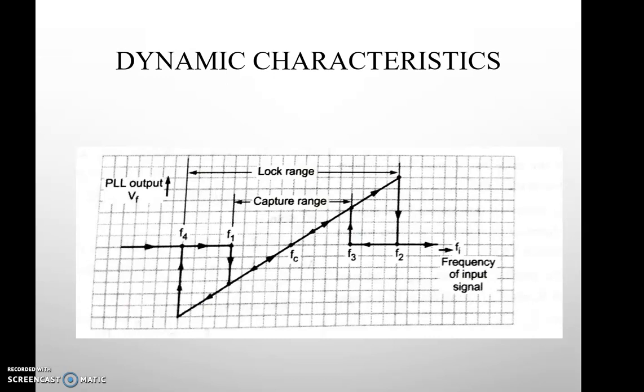The capture range is from F1 to F3. So from F4 it goes to F1, then again moves towards FC, moving high towards F3, towards F2, and again to F3, moving downwards to F4, and so on. So the lock range and capture range are interlinked with each other.